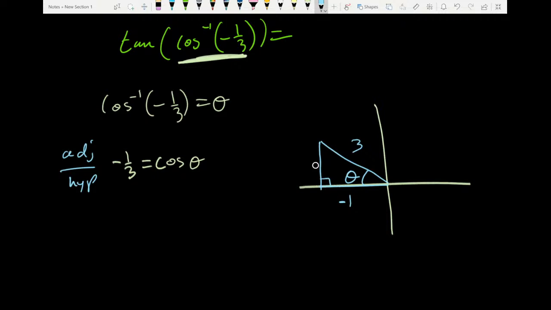So the missing side is going to be square root of 8. Now substitute all this information. Tangent of theta is opposite over adjacent, square root of 8 over negative 1, or negative square root of 8.